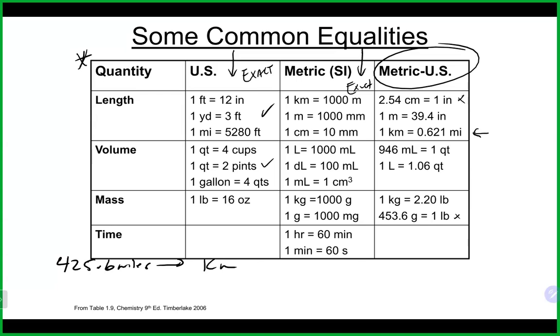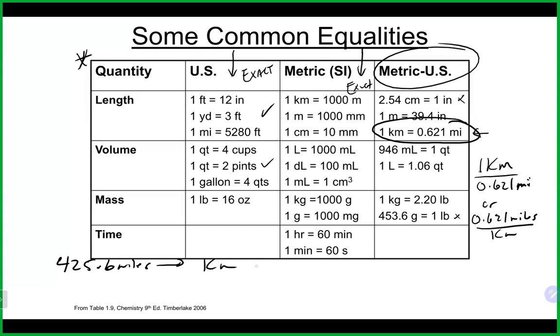Once again, we want to find our equality that would work, and that is obviously a direct equality. This will give us 2 conversion factors: 1 kilometer over 0.621 miles, or 0.621 miles over a kilometer. And by the way, MI is the abbreviation there for miles.